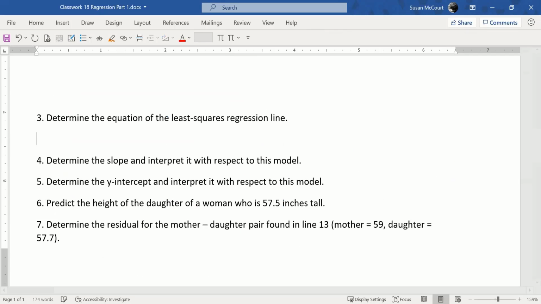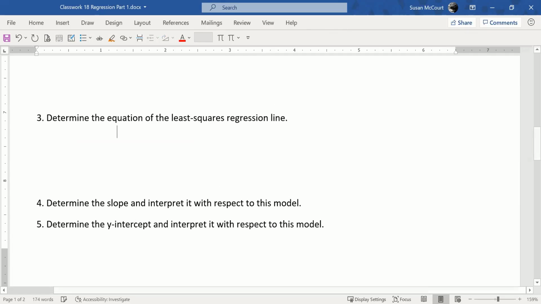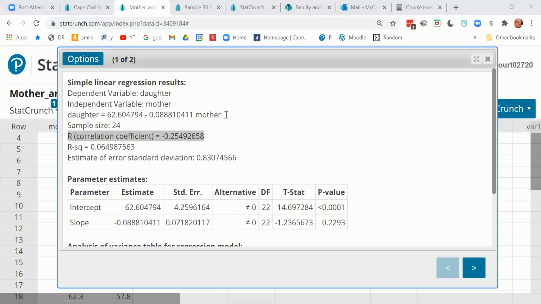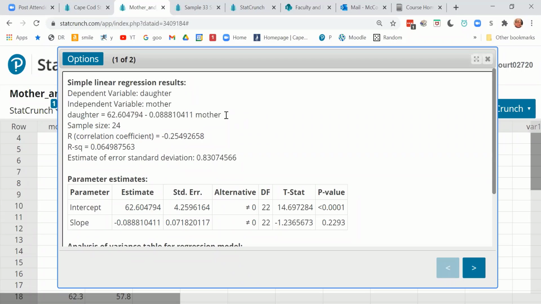Determine the equation of the least squares regression line. So going back to StatCrunch, my least squares regression line is the line that starts with the Y variable, daughter.